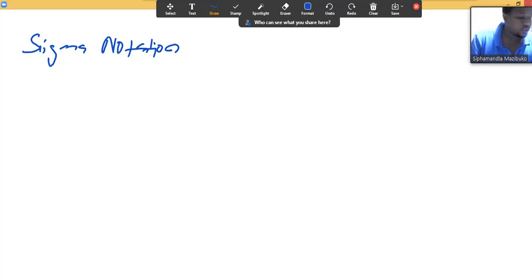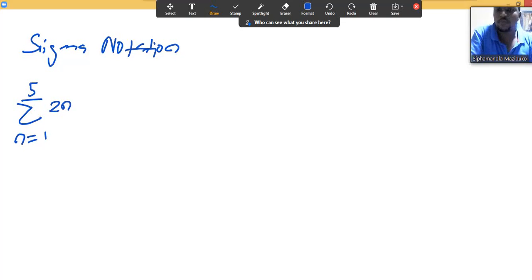This is a summation sign where n starts from 1 to 5, and then we have the general formula in n. Let's say we want to expand or evaluate this.